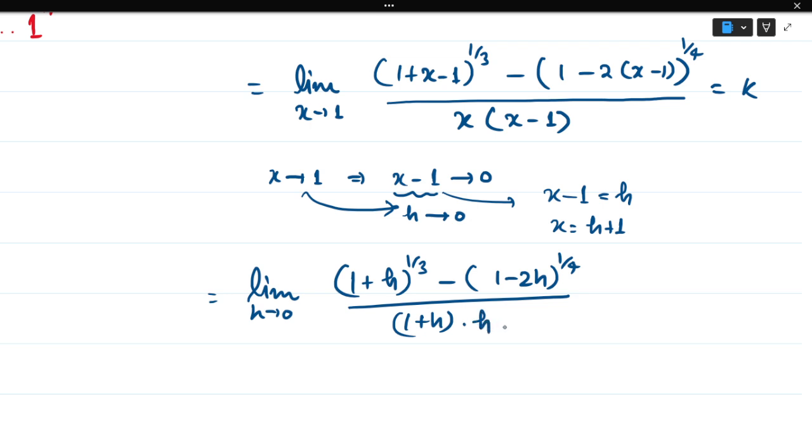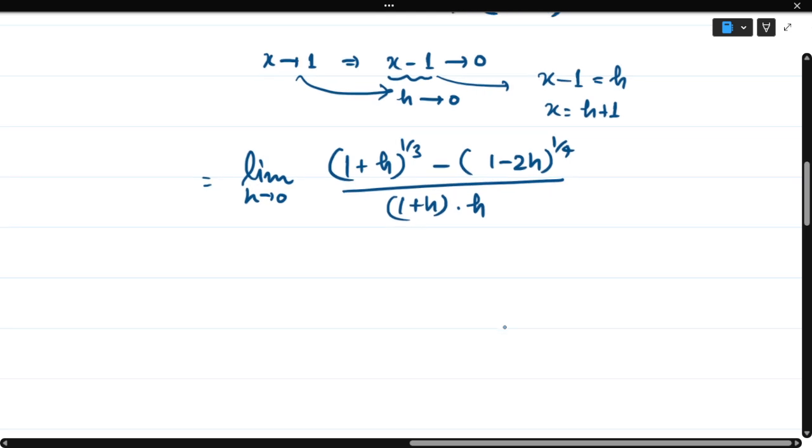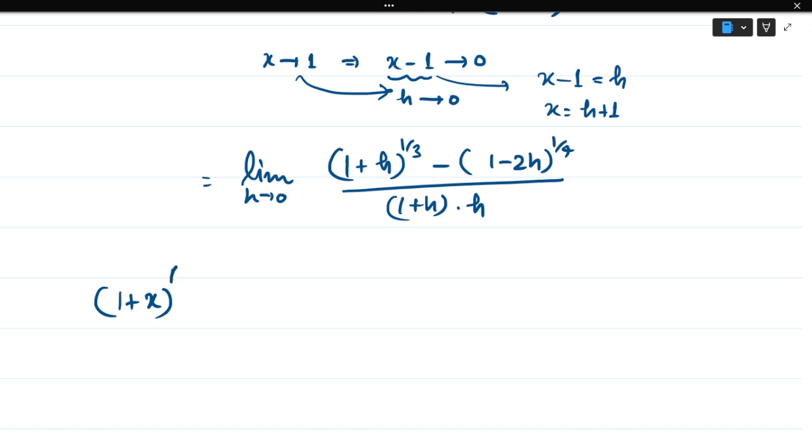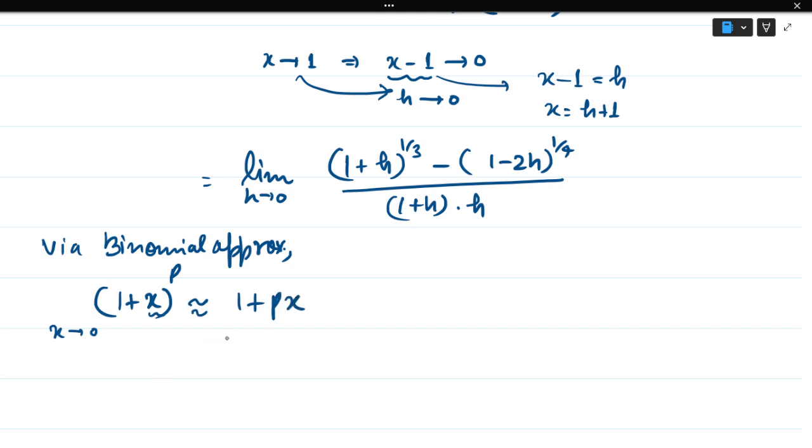Of course, we know the binomial approximation. What is the binomial approximation? (1 plus x) to the power p, via binomial approximation. Whenever x is very small, infinitely small, one can simply replace it by 1 plus px, right?